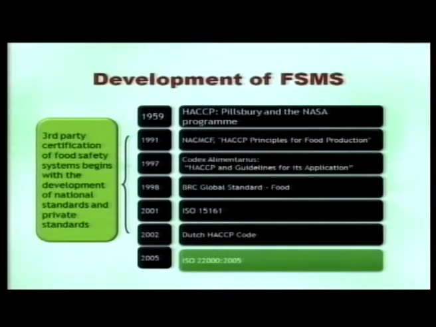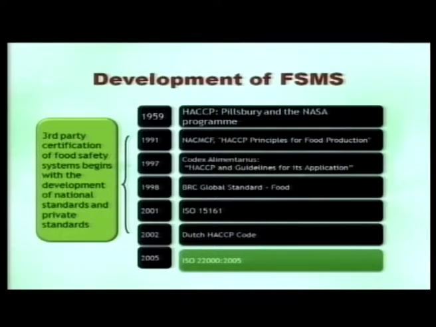In the year 1959, as I have told you in the previous slide, Pillsbury and NASA developed the HACCP program for the food which was to be used by astronauts for their space mission. In the year 1991, NACMCF, the National Advisory Committee for Microbiological Criteria for Foods, which was part of the Codex, adopted this and published the HACCP principles for food production.